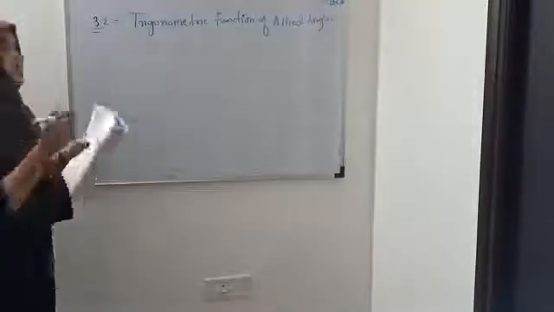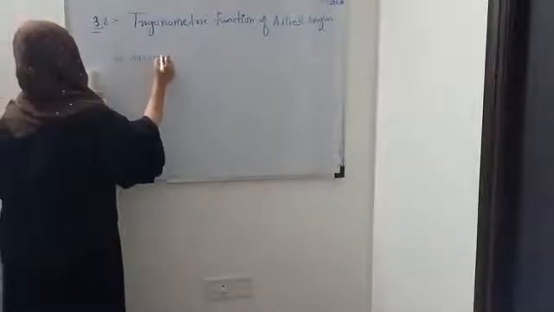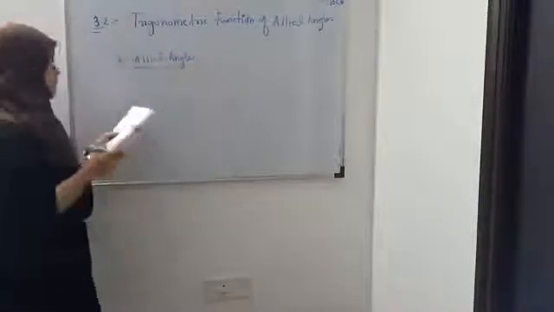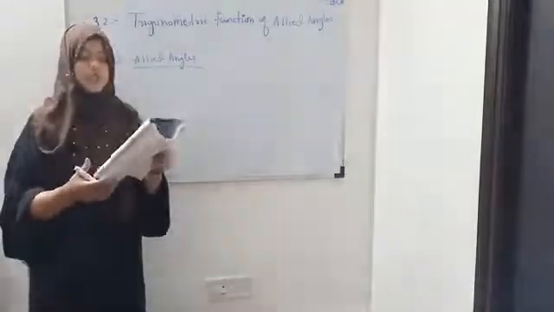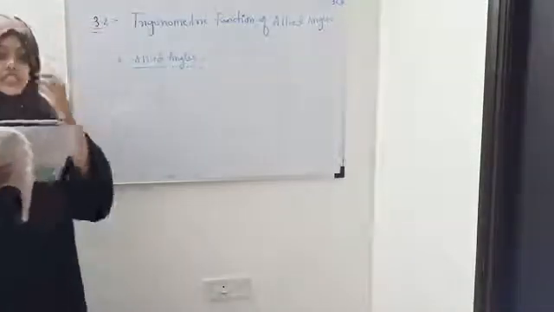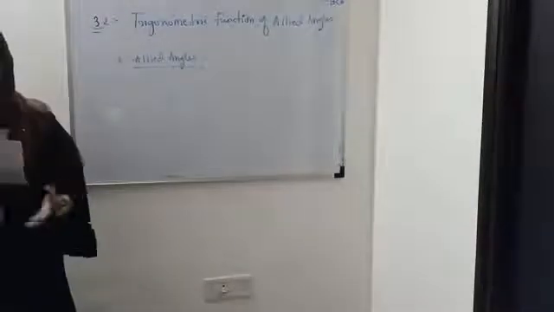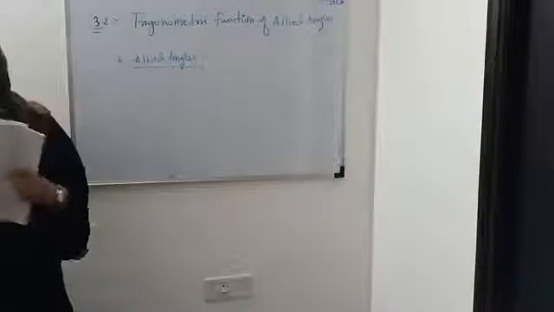So the allied angles means if the sum or a difference of a measure of two angles is either 0 or is an integral multiple of pi by 2, then these two angles are said to be allied angles.